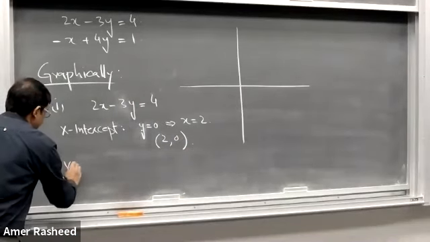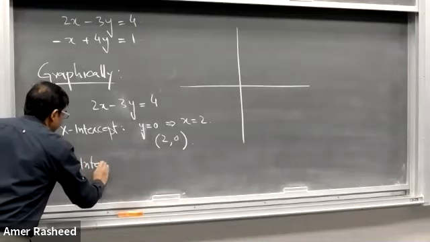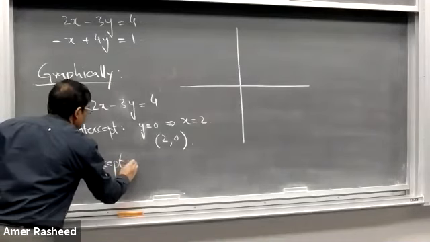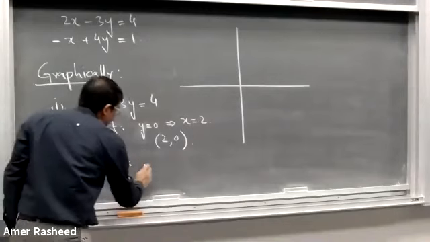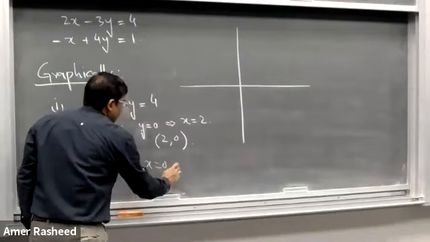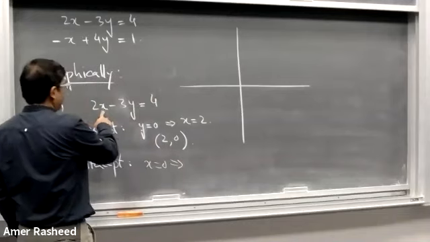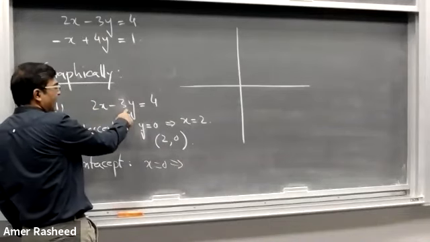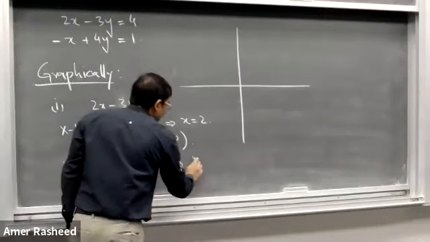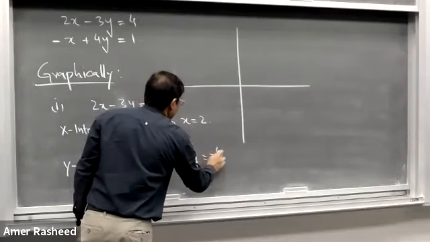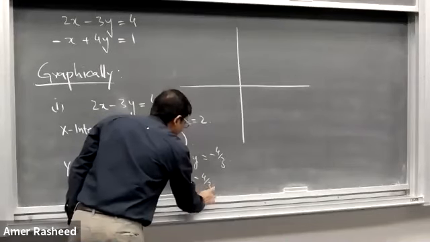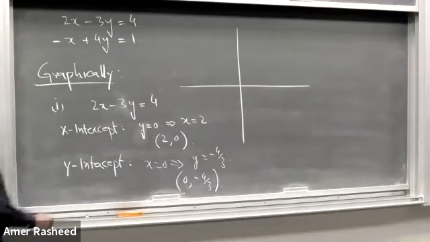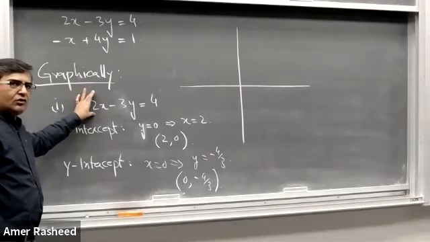Now, what is the y-intercept of this line? In order to calculate the y-intercept, we need to put x equal to 0. So if we put x equal to 0 here, what is the value of y? It is minus 4 by 3. So we get 0, minus 4 by 3. This is the y-intercept of this linear equation of a line.